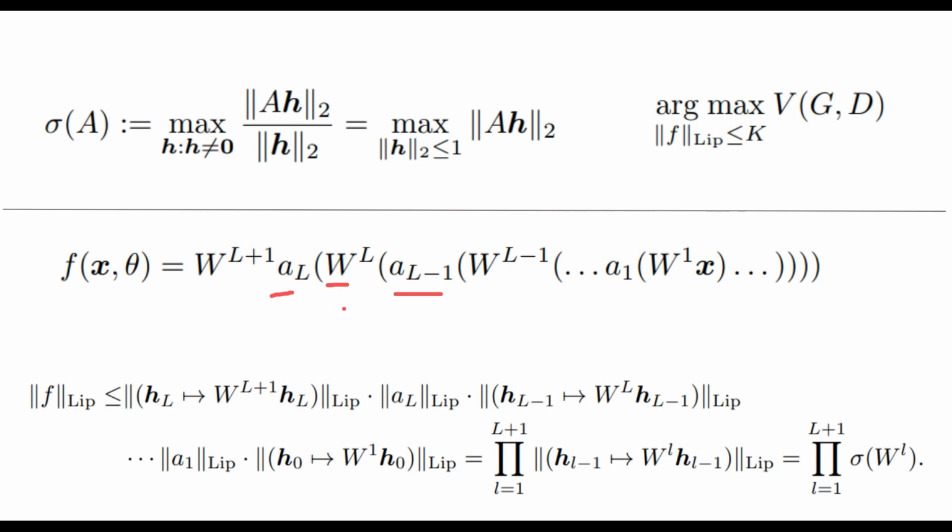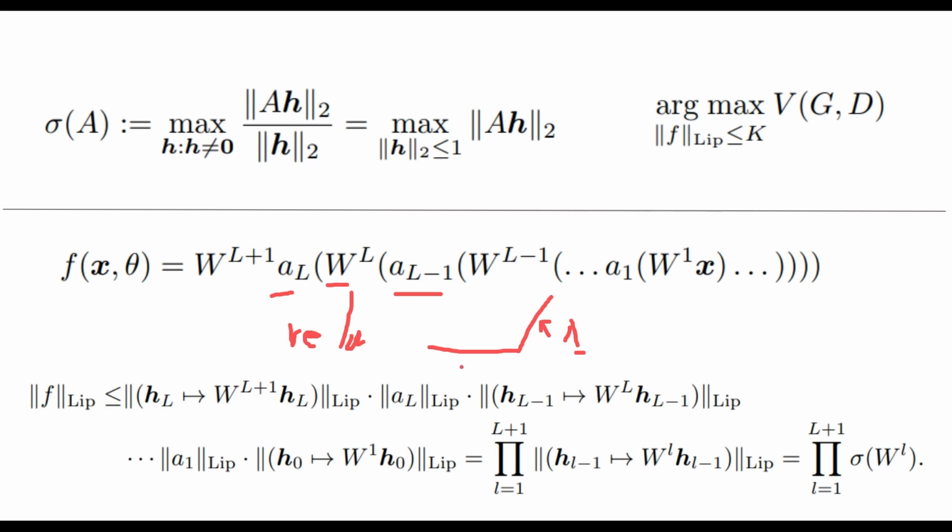For example, a common activation function is ReLU. The ReLU function certainly satisfies the Lipschitz condition because it looks like this one. At this part, the derivative is simply 1.